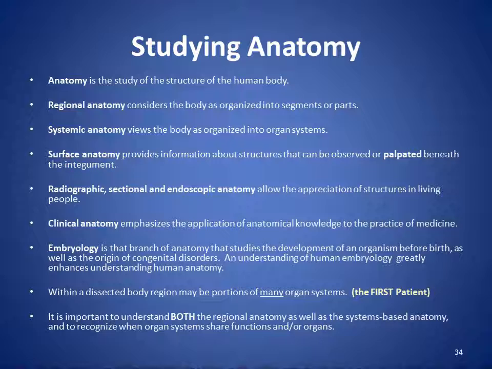Surface anatomy provides information about structures that can be observed or palpated beneath the skin or integument, and radiographic or sectional and endoscopic anatomy allows us to appreciate and view structures within living systems without creating an incision through the body wall. And clinical anatomy emphasizes the application of anatomical knowledge to the practice of medicine.